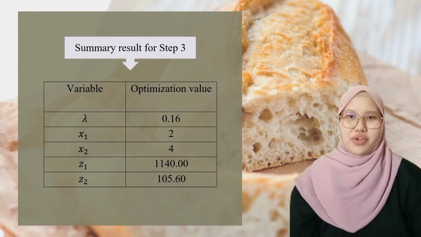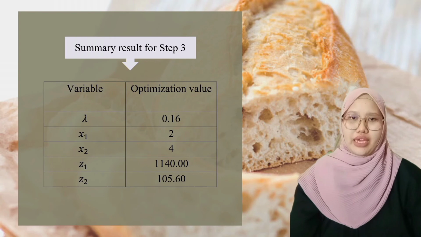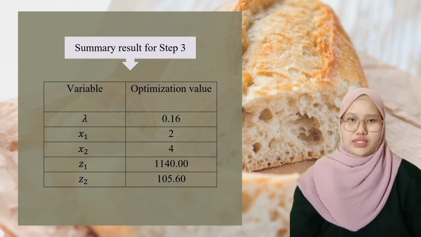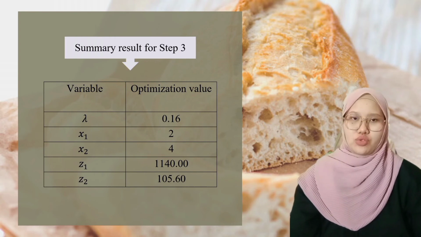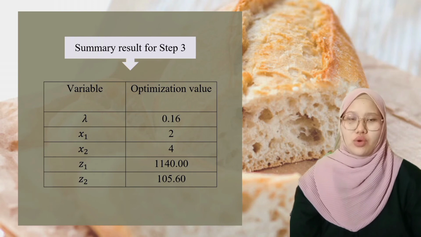This is the summary result for step 3, where the final value of lambda is equal to 0.16, x1 equals 2, x2 equals 4, z1 equals 1,140 ringgit, and z2 equals 105.6.